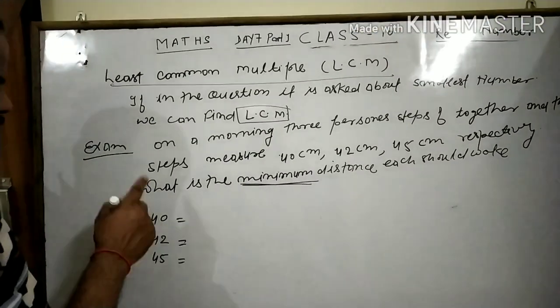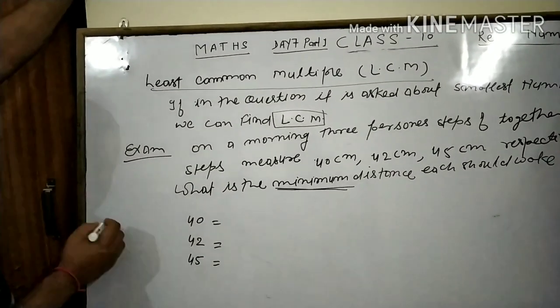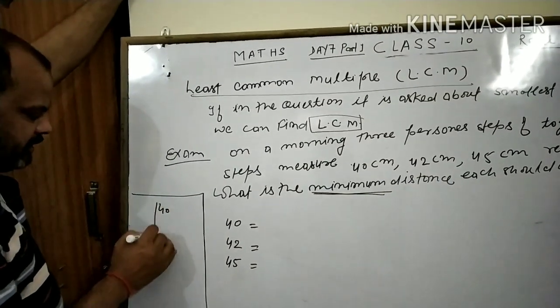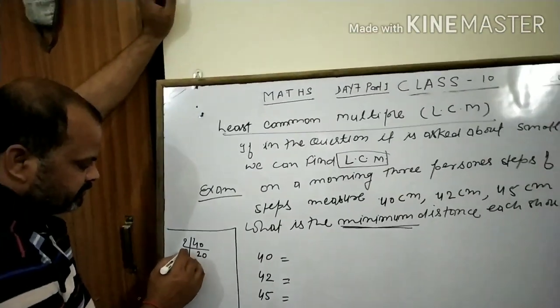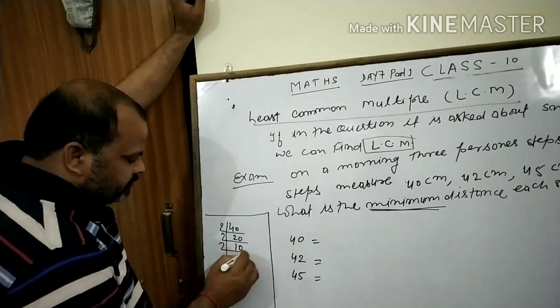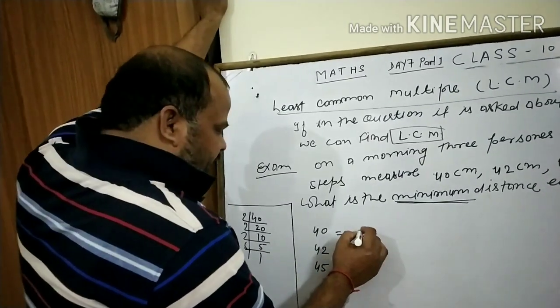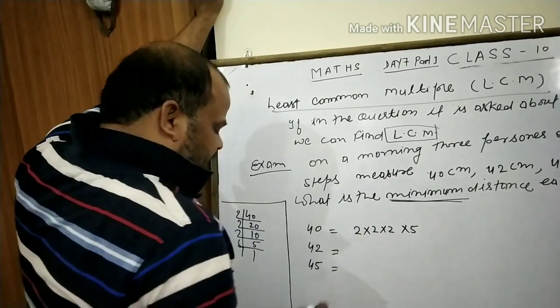For 40, you can factor it: 40, 20, 10, 5 and then 1. Then it is written 2 into 2 into 2 into 5.